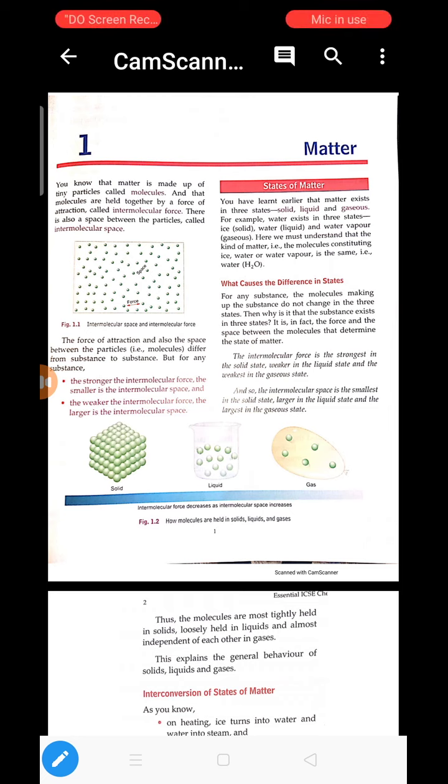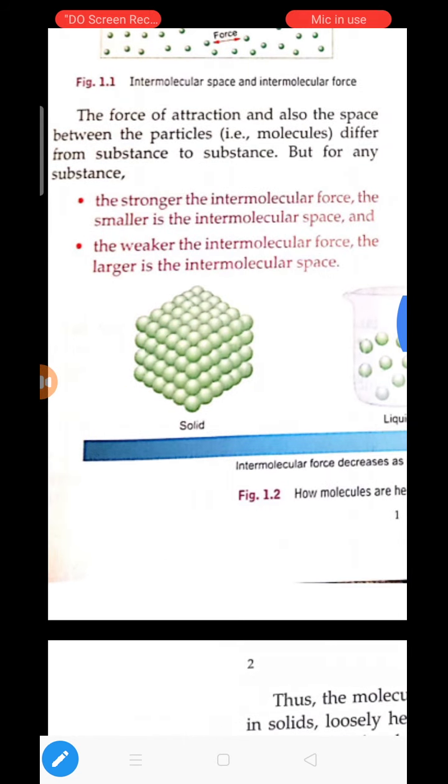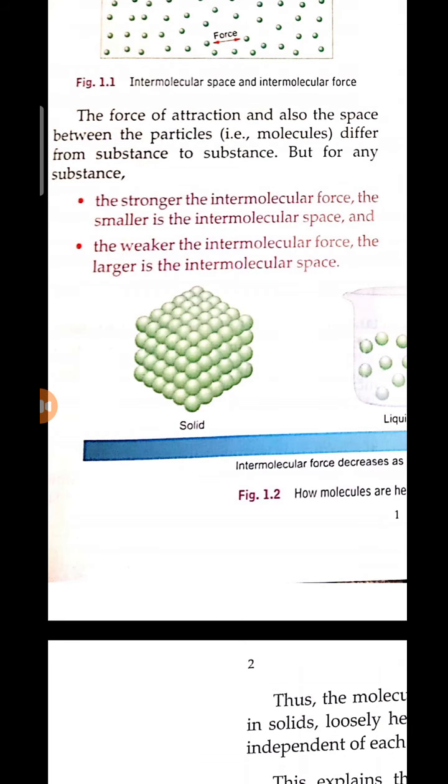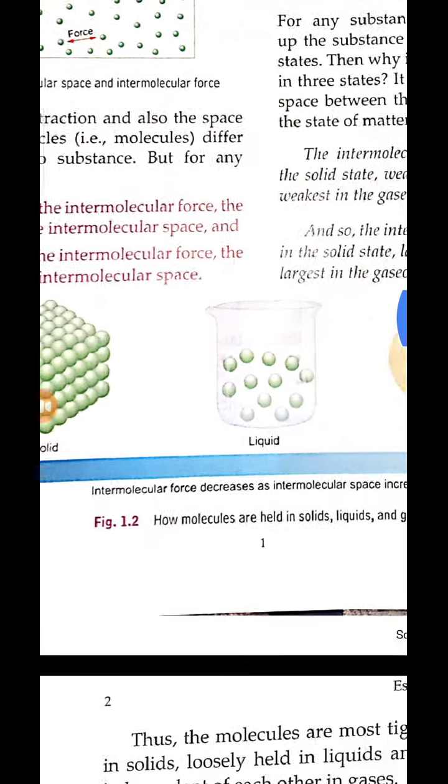Now the intermolecular force is strongest in the solid state, weaker in the liquid state, and weakest in the gaseous state. As in this diagram, the solid particles are tightly packed with no gaps or spaces.